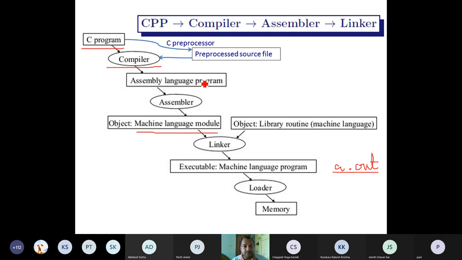And from this assembly language program, if you compile using the assembler, then you can get the machine language module. Also this C program, if you compile with -E, capital E option, that is the C preprocessor, then you will get the preprocessed source file.